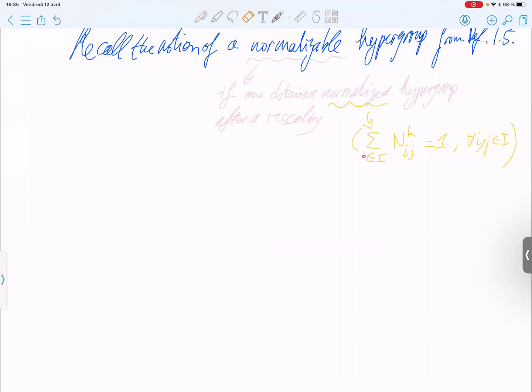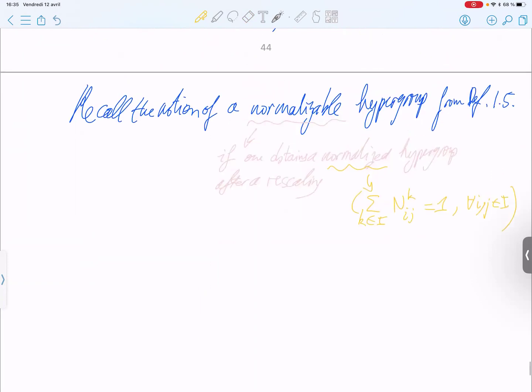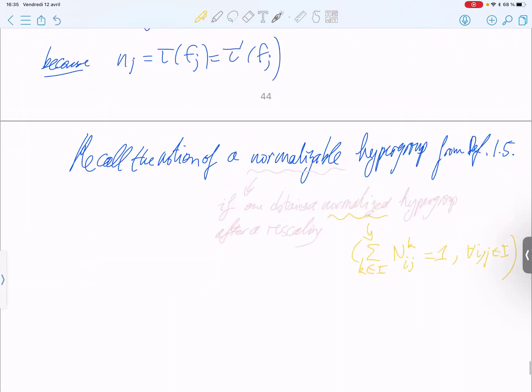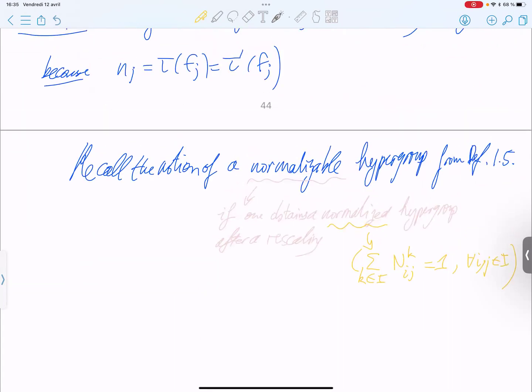Sorry. Sum for k. This is normalized. This is normalizable. Okay. Now we want to, we will provide a complete characterization of a normalizable hypergroup.